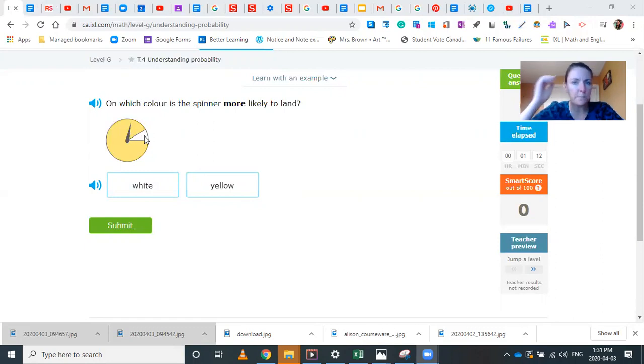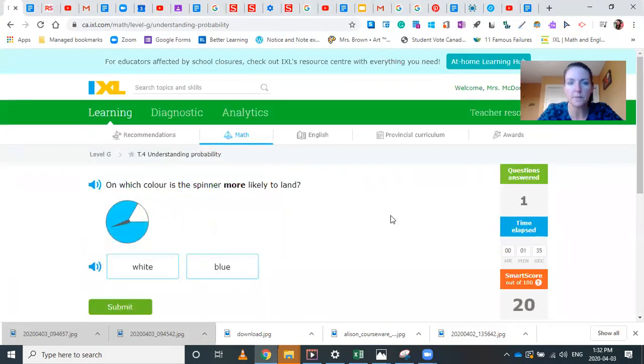So if I spin it, which is probably going to happen? Well, there's such a huge amount of the yellow that it's probably going to land on yellow. It would be unlikely to land on the white because there's such a small amount of it. All right, so it's more likely to land on the yellow because there's a much bigger part of it.